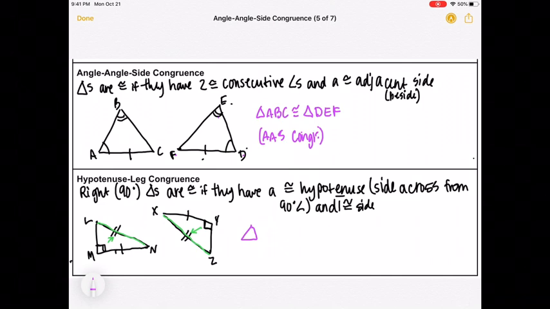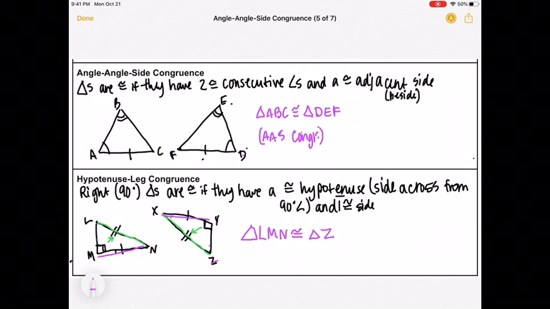So for this, I would say triangle LMN is congruent to triangle. And then again, we have to make sure that matches up. So I actually have to start with Z instead of X because LM and YZ are the ones that are kind of off there. MN is congruent to XY, so I have to match that up.